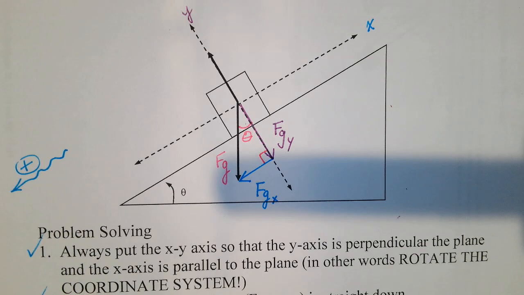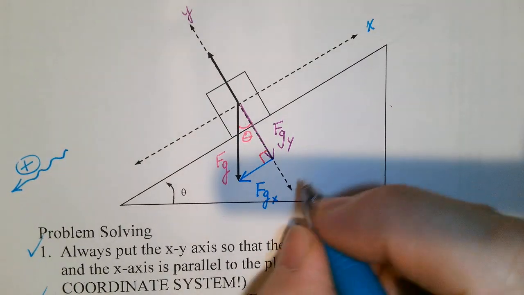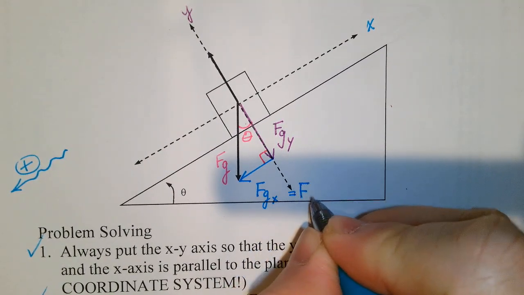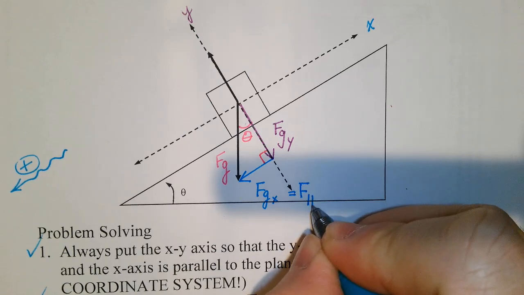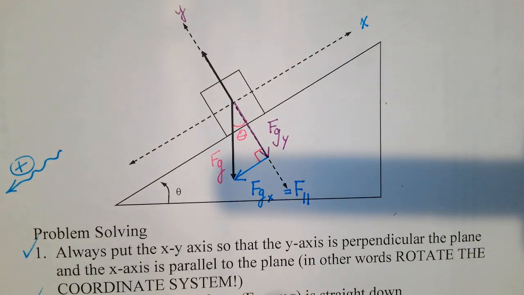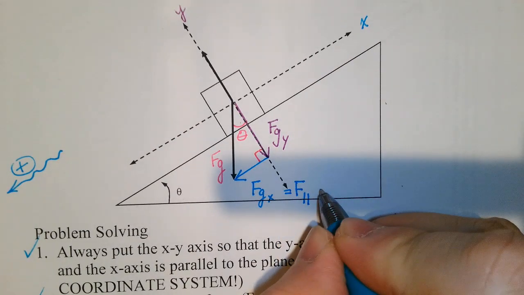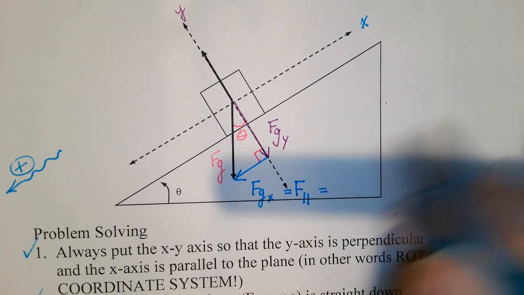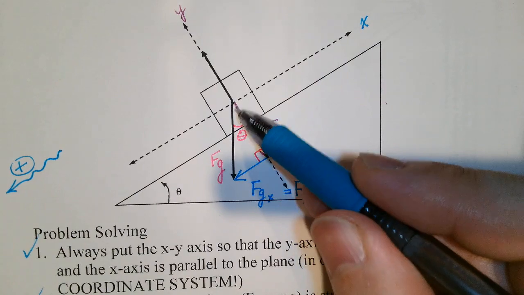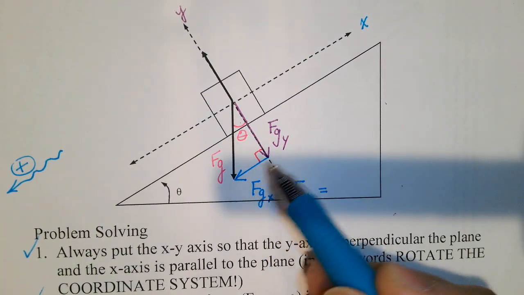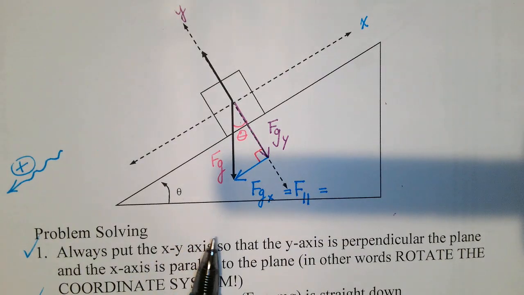Then you can calculate your Fgx, otherwise sometimes known as F parallel. It's also defined this way depending on which textbook you use. This is the hypotenuse, your Fg. This is the opposite of your angle theta.